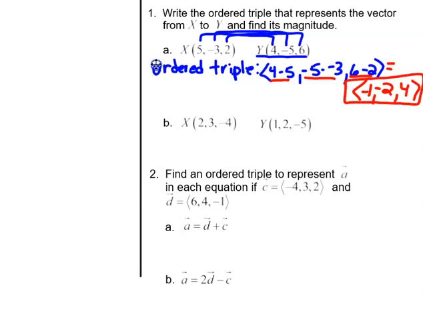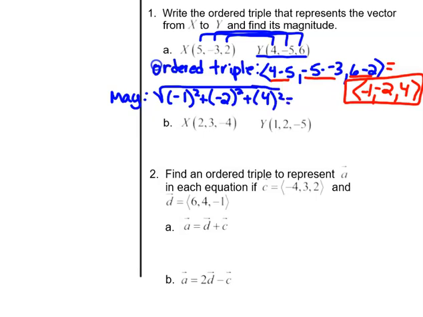All right. If we were going to find the magnitude, I would just square it. So I would subtract the 4 minus 5. Remember, 4 minus 5 just ends up being -1 squared, -2 squared, and 4 squared. If they didn't ask me for the ordered triple, I would actually put this in parentheses, this in parentheses, this in parentheses, and square it.